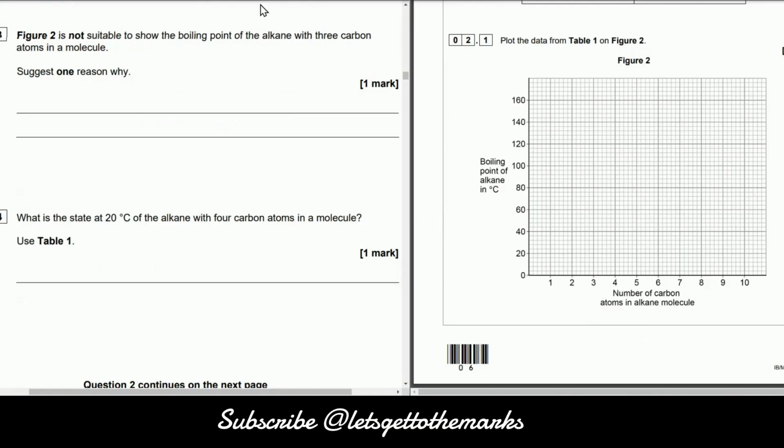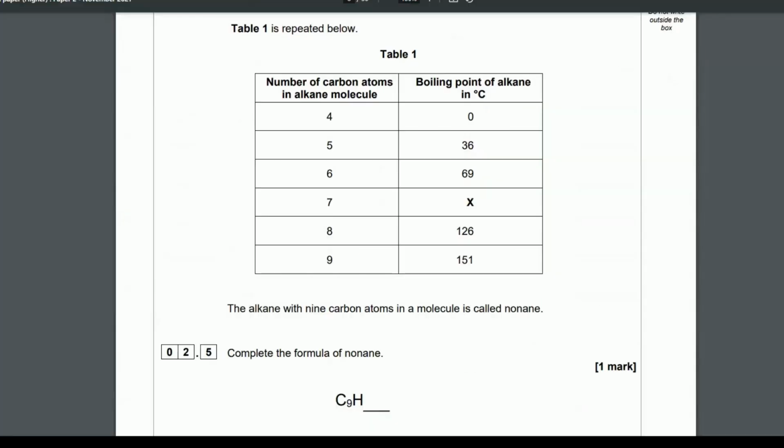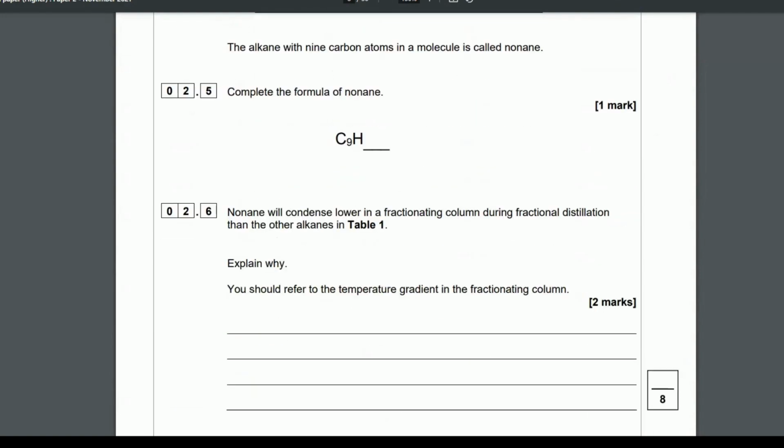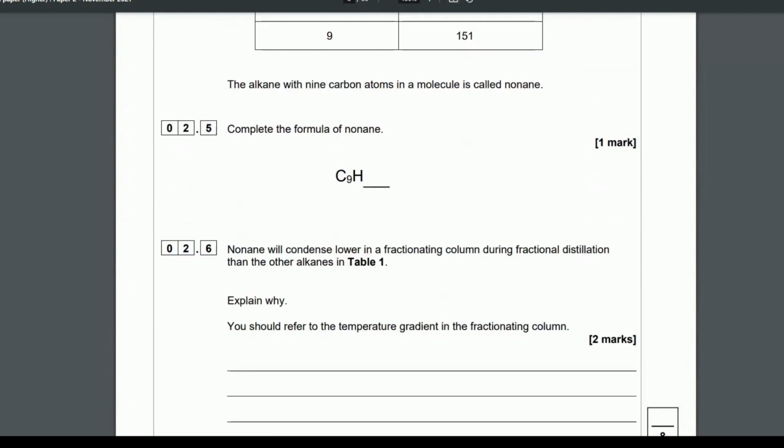Okay, let's move on. And okay, we've got a repeat of table 1. The alkane with 9 carbon atoms in a molecule is called nonane. Here, this one with 9 and 151. Complete the formula of nonane. So in order to complete the formula of nonane, you need to know the general formula for alkanes. Hopefully you know this off by heart.